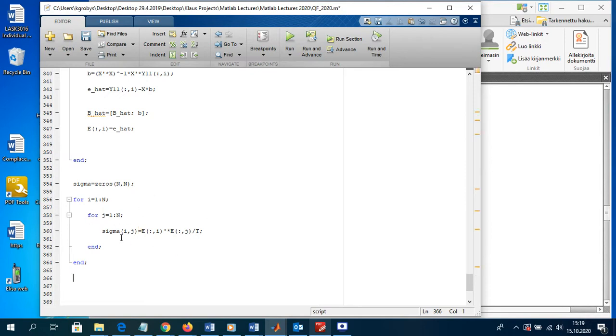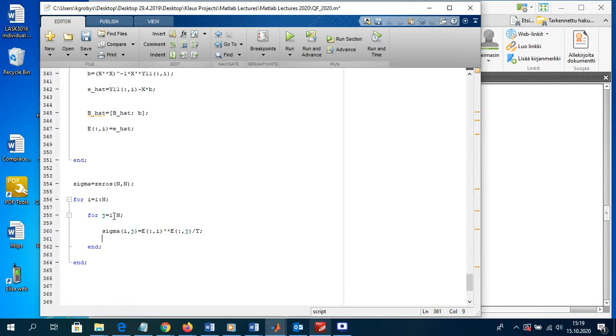So this code tells you, okay, we have to go through our vectors here. In case i is equal to j, then we are on the main diagonal, obviously, and then it is just itself squared.